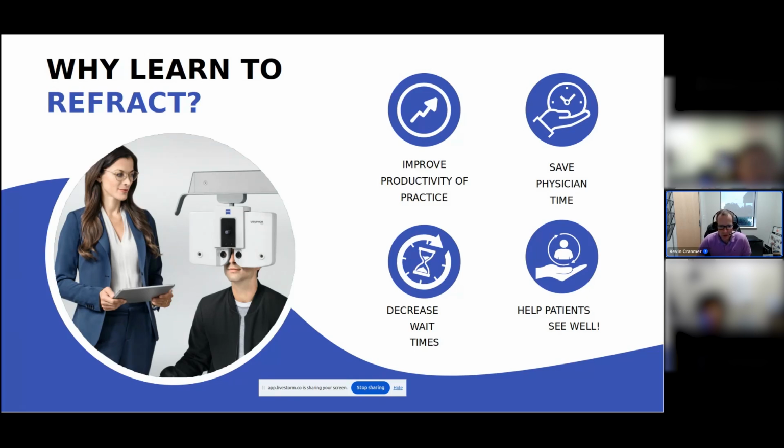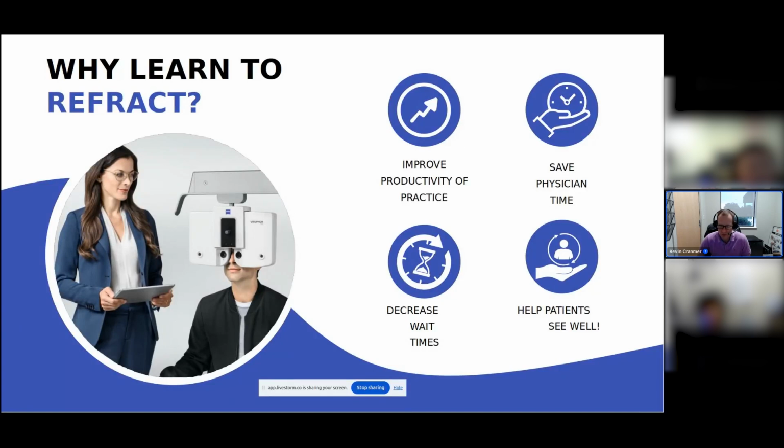So if you're a technician and you can learn to refract a patient and accurately measure the optics in their eyes, so the physician can give them a prescription for glasses they can rely on, then you're doing a great service to the patient and the practice. You decrease wait times. The practice can see more patients. You're really allowing the doctor to focus on the key parts of the exam and do the things that doctors do best.